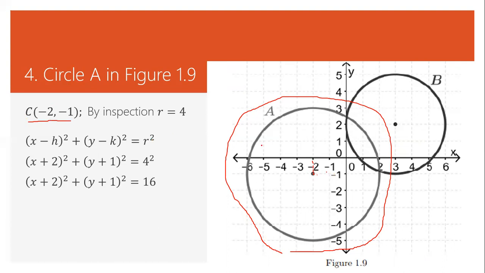So if you're going to inspect that, ang point of na pwede natin inspect is here or here. So we will count para ma-determine ang radius. 1, 2, 3, 4. So radius is equal to 4.